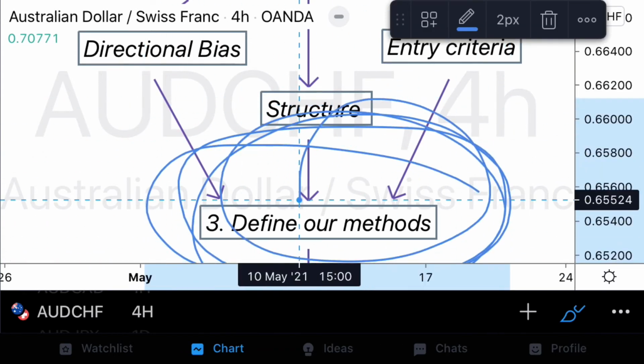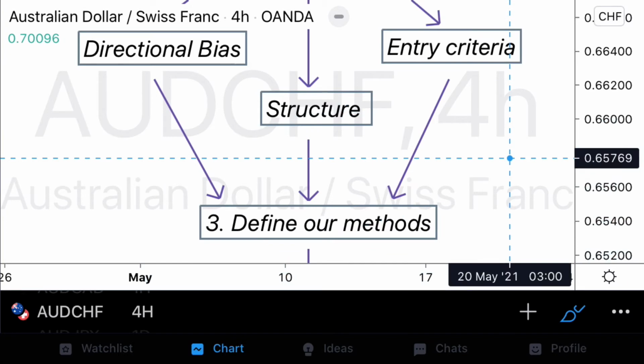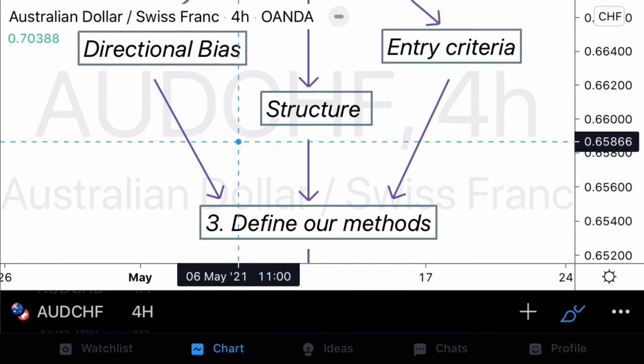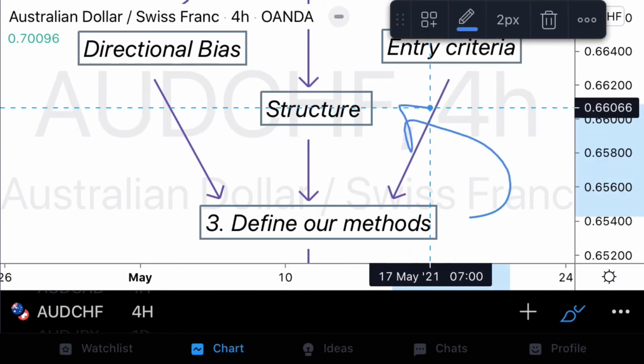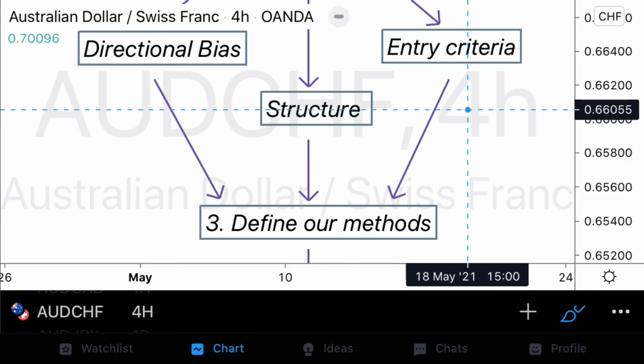We need to define these things, because some traders, one day they'll use horizontal support and resistance to identify structure. Then the next day they'll use the 0.618 Fibonacci retracement level to identify structure. And guys, that is the kind of inconsistency that we're trying to get rid of by creating a system like the one that we are going through.